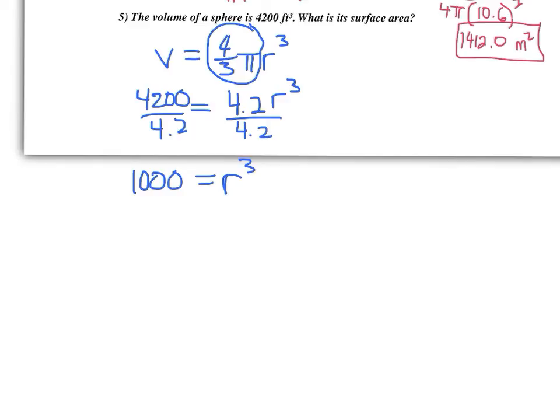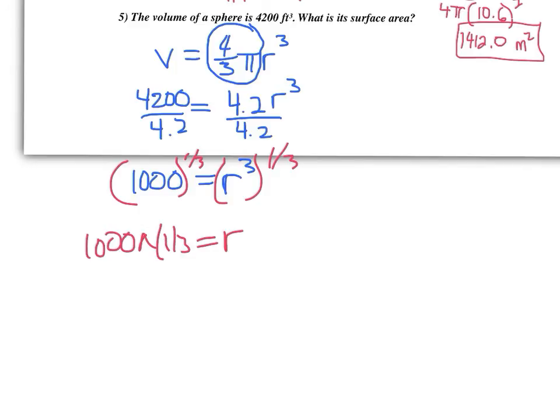So now to undo raised to the third, I'm going to raise both sides to the 1/3. So then I will get r equals 1,000 raised to the 1/3. So r equals 10.